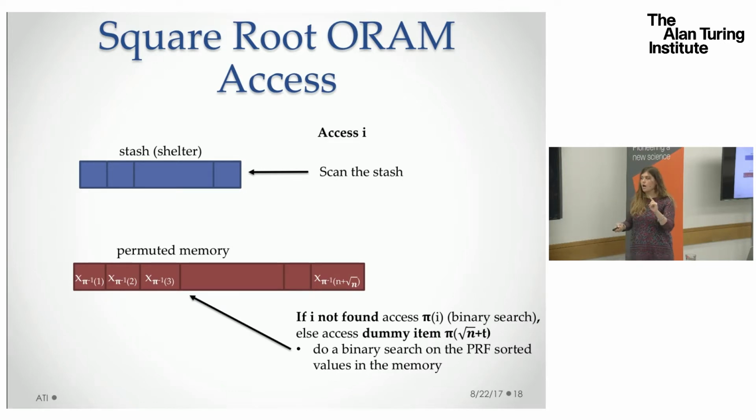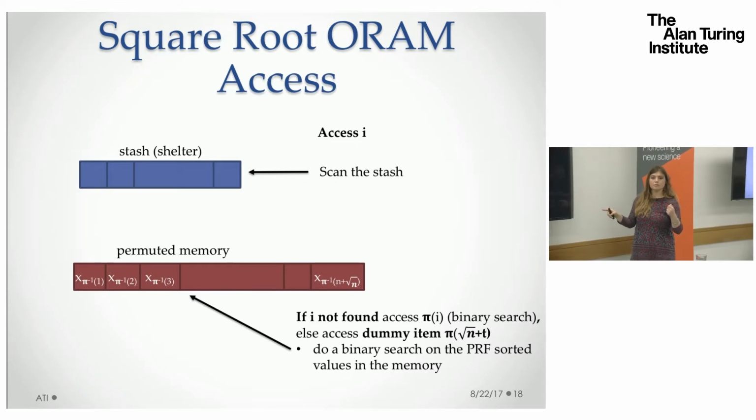Just a side note: if you're using this construction with the PRF, what you really need to do is a binary search on this permuted memory, but this is not a problem because the outputs of the PRF are public values. So doing the binary search does not leak anything more. However, if we have already found the item in the stash, then we look up one of these dummy items.